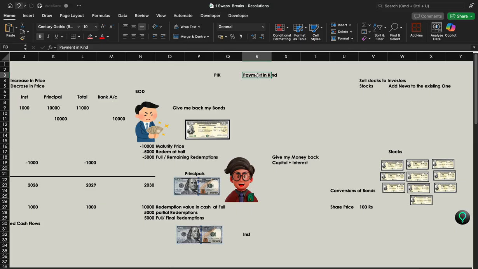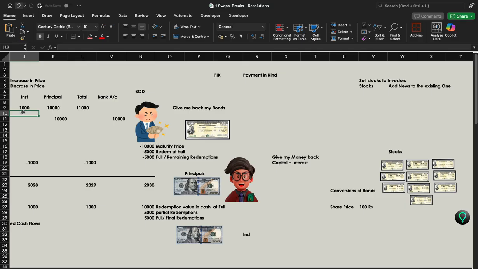You can call that payment in kind. In this case, if we see the delayed interest payment of 1000 rupees, the company is paying in 10 stocks, where each stock has a price of 100 rupees. So the total would be 1000 rupees' value of shares. This process you can call payment in kind.